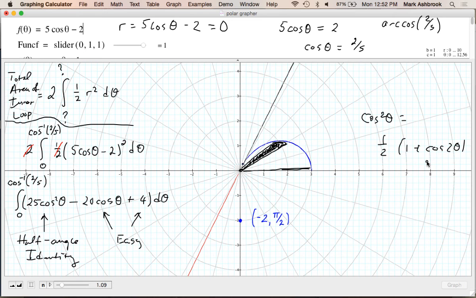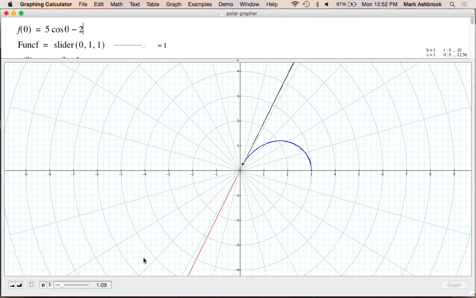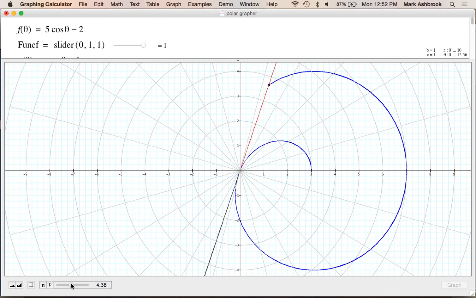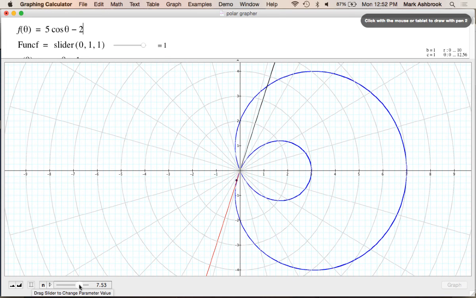Okay, so then let's talk about how we would structure these integrals to get other things with this curve. That was the inner loop, 2 times half of the inner loop. So what if we wanted the area of all this stuff, the area within here? Think about how we would do this.